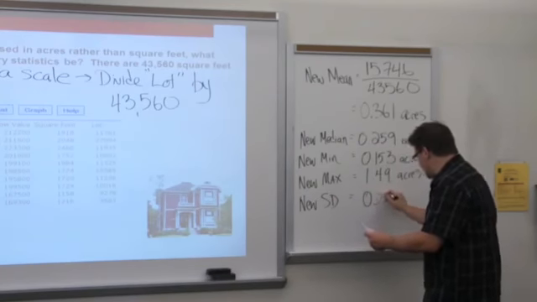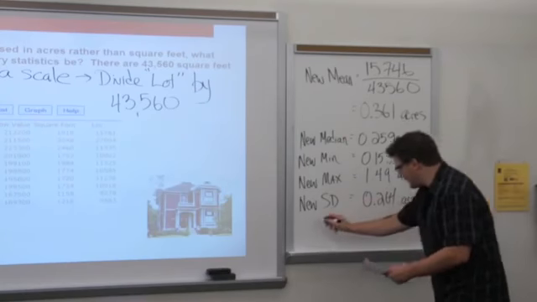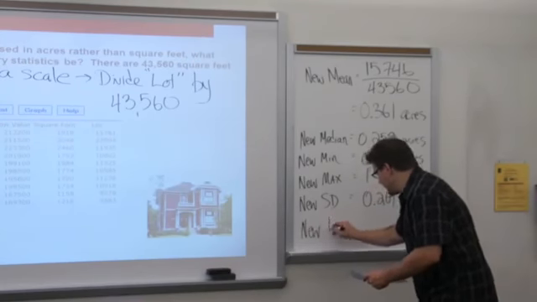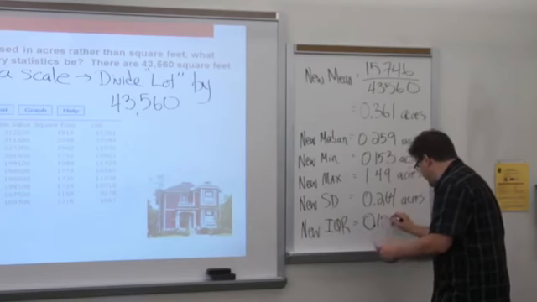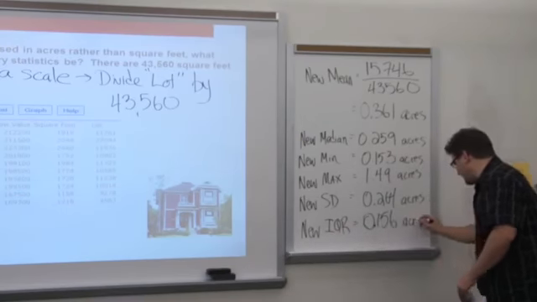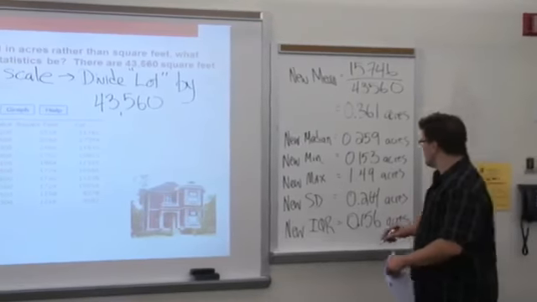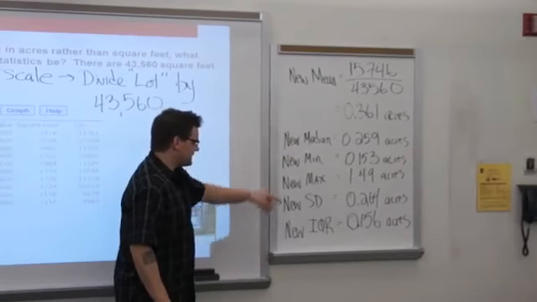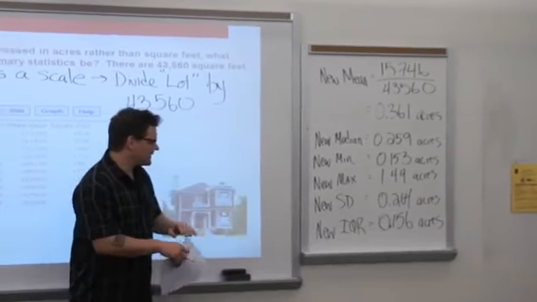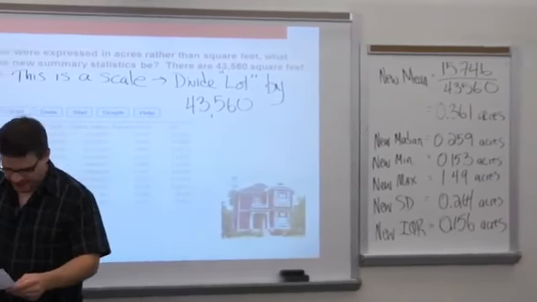New standard deviation, 0.264. That's in acres. And to wrap it up, that new IQR is 0.156 acres. Once you've got the first one, it's pretty easy. Just follow the pattern. Everything in that list gets divided. Okay, we just did a scale because we divided.